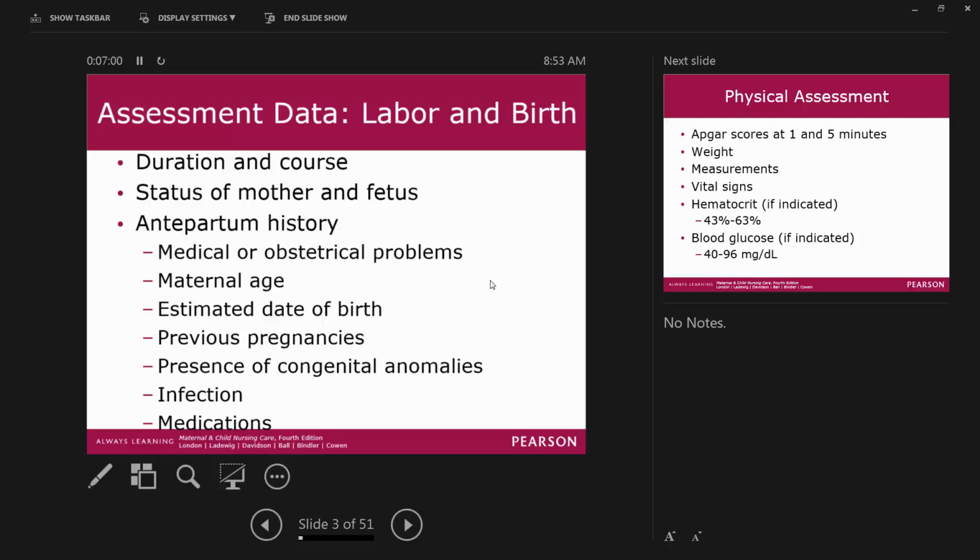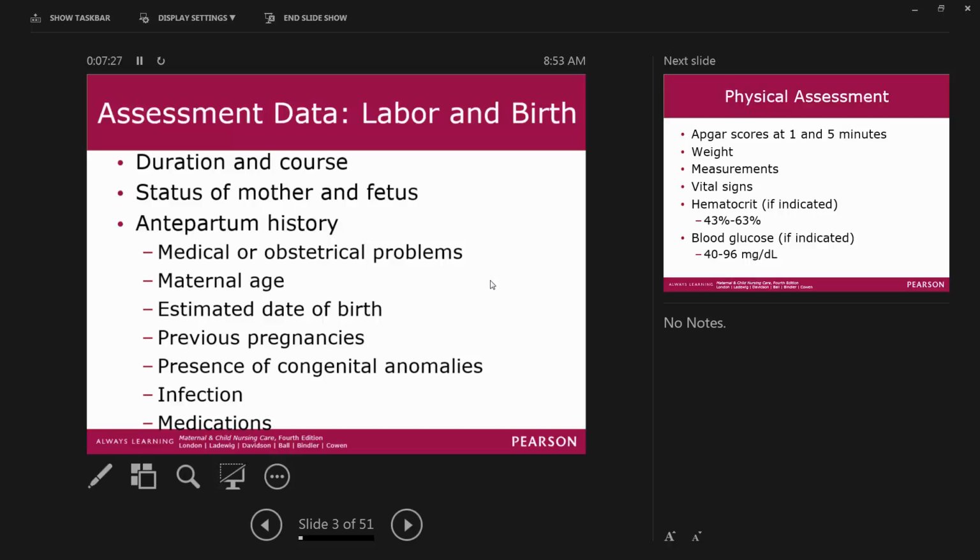The status of the mother and the baby in labor. What were our heart tones in labor? The antepartum history. Did mom have any health problems or OB problems? What is her age? What was the due date, so we know how many weeks our baby is? Did she have any previous pregnancies and what were the outcomes? Do we know if this baby has any congenital anomalies?